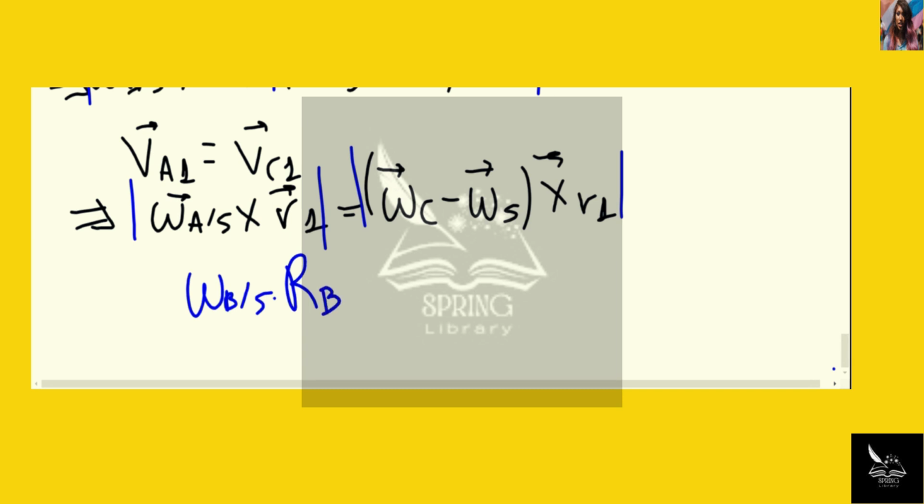This capital R B is the radius of gear B. This is the absolute value, since the angular velocity of gear D and the angular velocity of the shaft are in the same direction. So we don't need any vectors now.